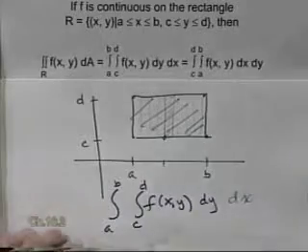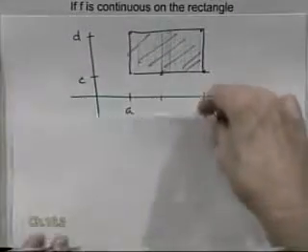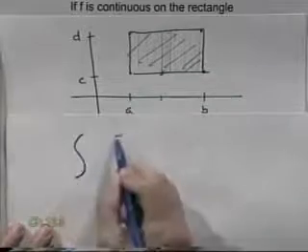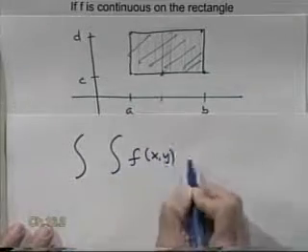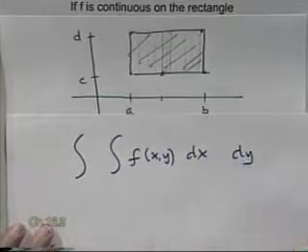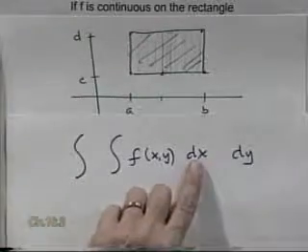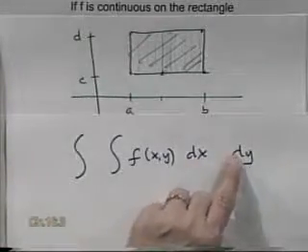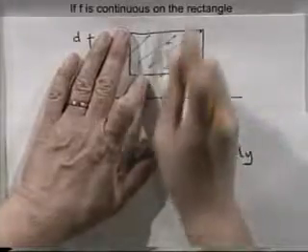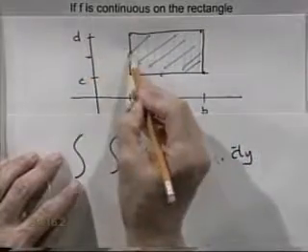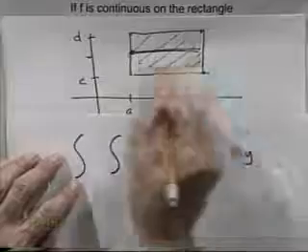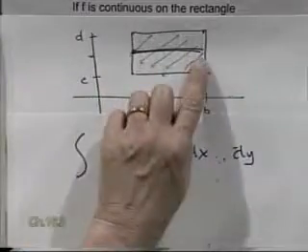Or, suppose you want to instead integrate with respect to x first and then with respect to y. Well, if I integrate with respect to x first, you pick a y constant. If I pick a y constant, what are my x's ranging from?